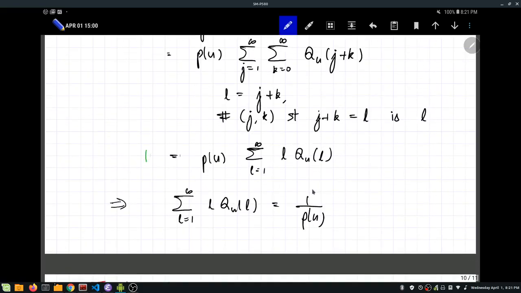So we have 1 equal to p of u times the sum over L equal to 1 to infinity of L times q_u of L. In other words, just rearranging terms, the sum over L equal to 1 to infinity of L times q_u of L is equal to 1 over p of u.